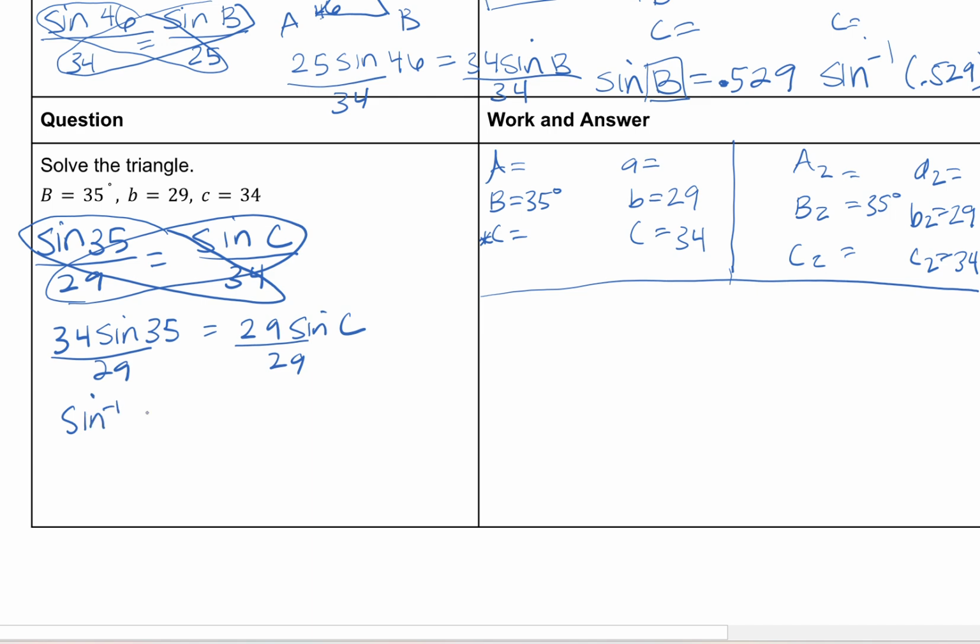And then I'm going to do the inverse sine of this whole thing. Okay, so if I put that in the calculator, I'm going to do 34 times the sine of 35, and then I'm dividing by 29, and then I'm doing second sine, second answer. And I get 42.258.